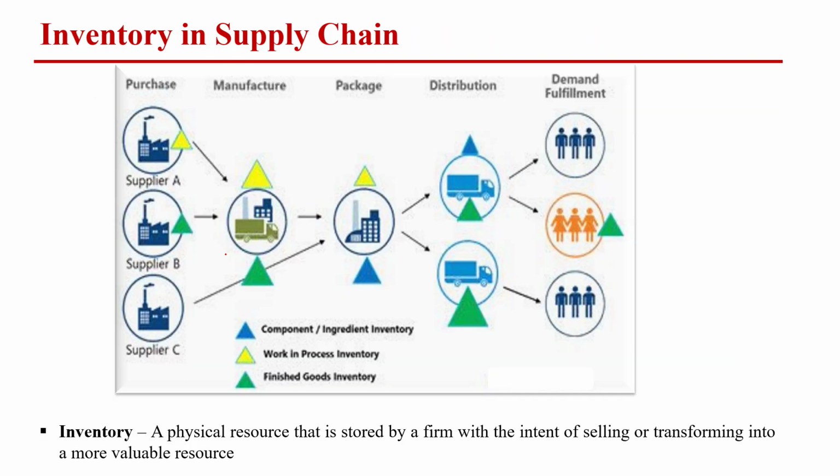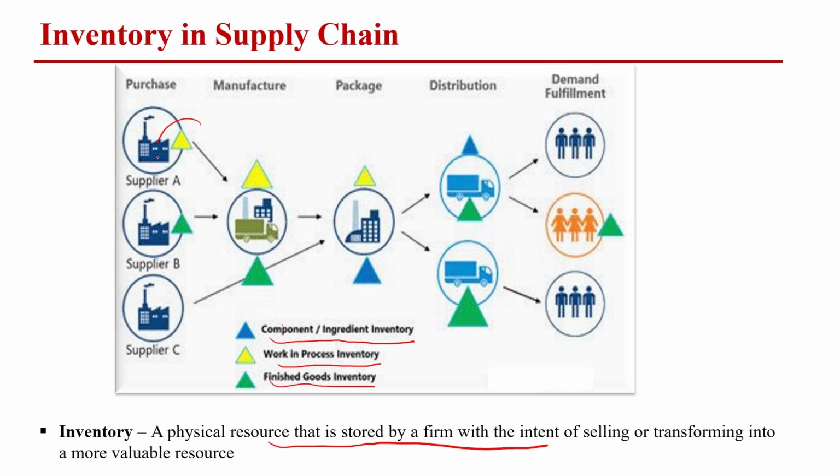From the inventory perspective, inventory has a very critical role in a supply chain. How can you define inventory? It is basically the physical resource which is stored by a firm. It could be in any form: a component, work in process inventory, or a finished good.